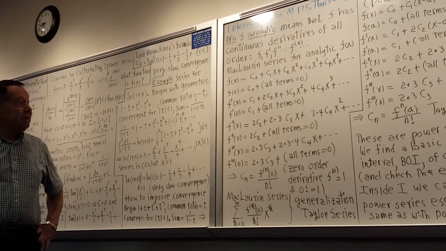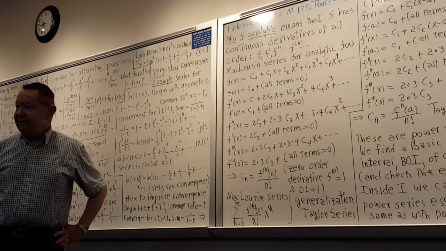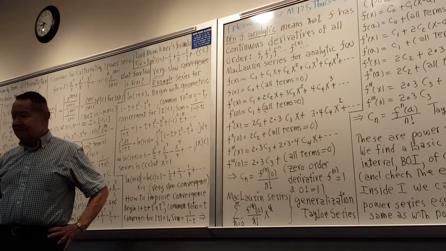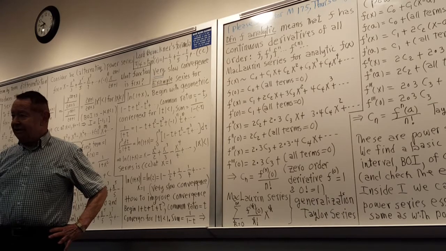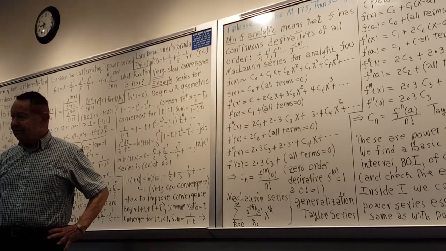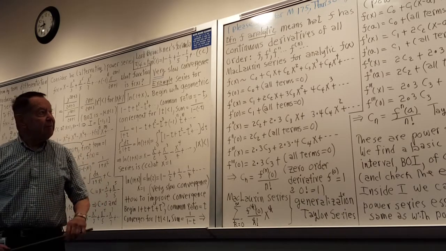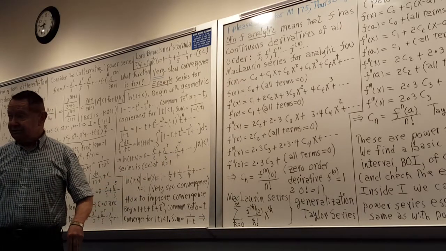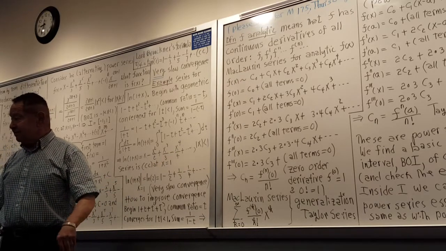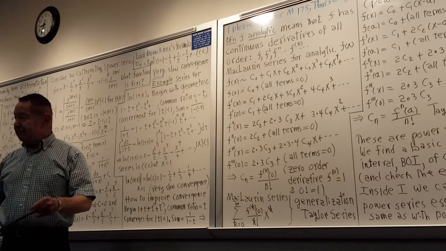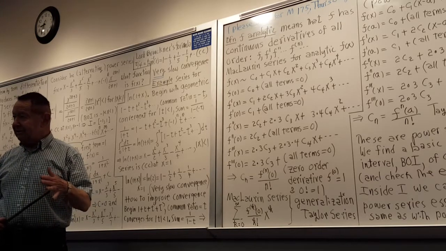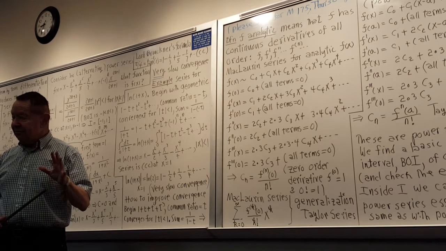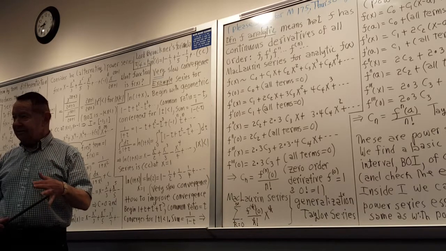And so the idea of an analytic function is something that is actually what we've had all along without saying the word. So if you have an analytic function, then you can construct either of two kinds of power series, one called the Maclaurin series, the other called the Taylor series.